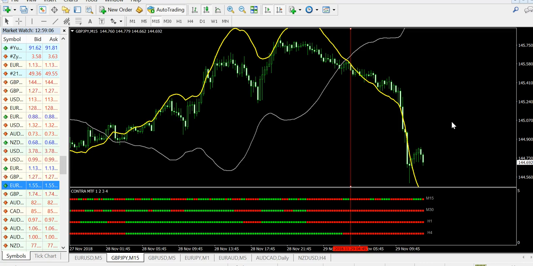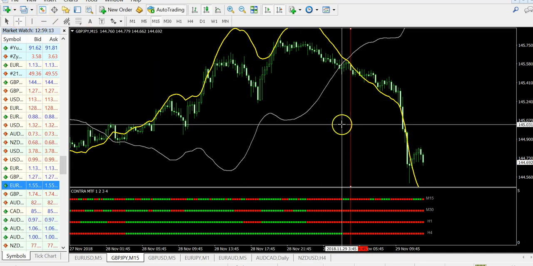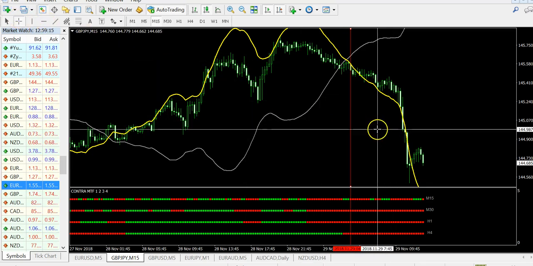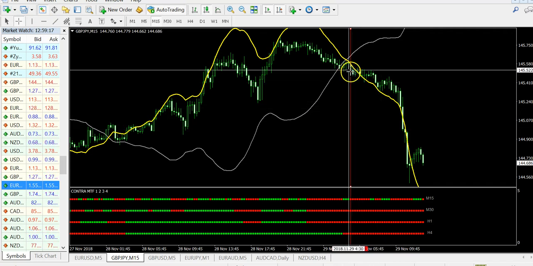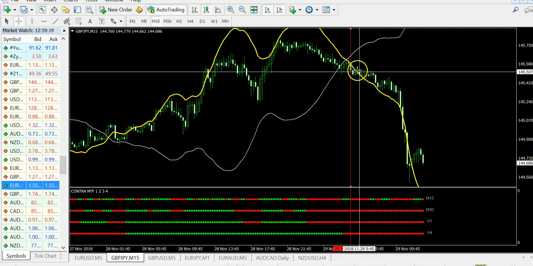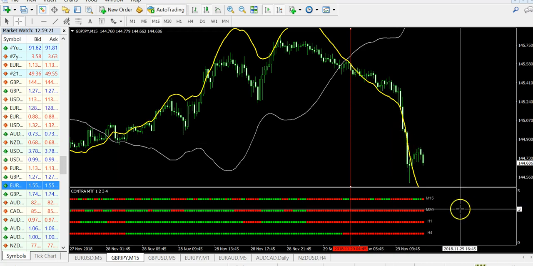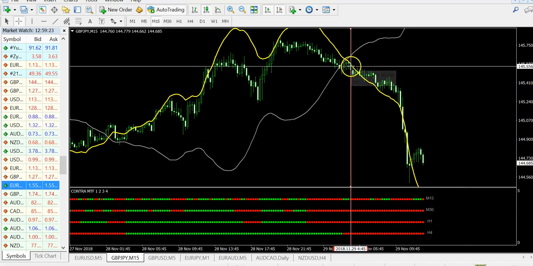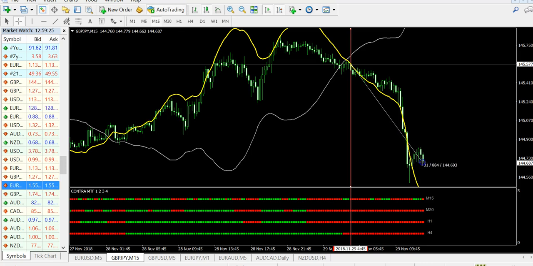M15 is one of those which can be used both for binary and forex. And let's see, if you have used it for forex, the signal is still valid, and until now you will have 92 pips.